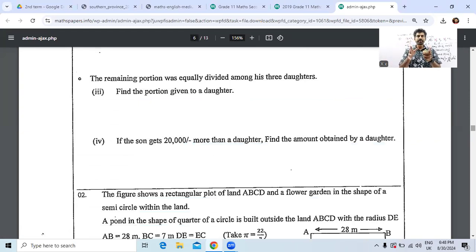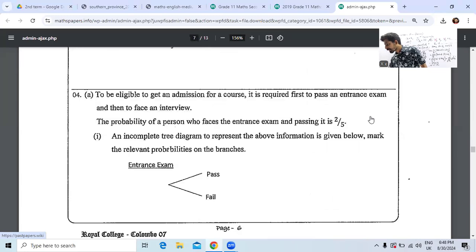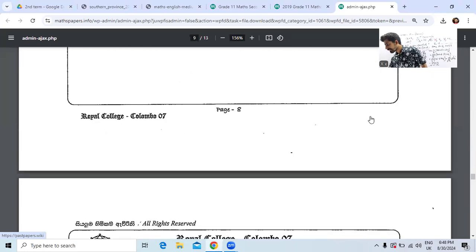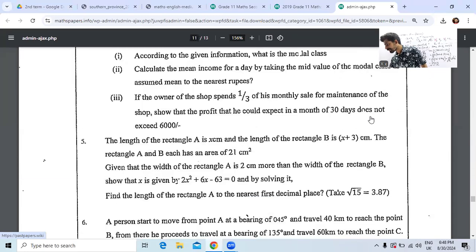Grade 10 students can also do this one, both grades. Arithmetic progression. Yes, let's try to do this one.